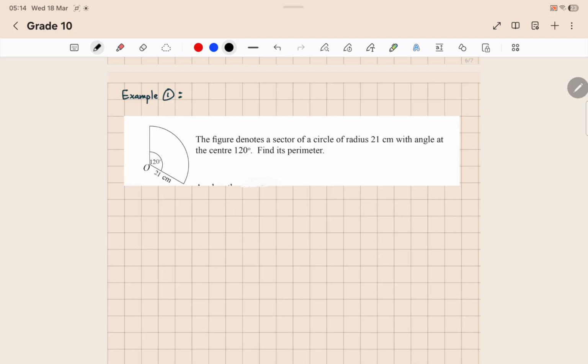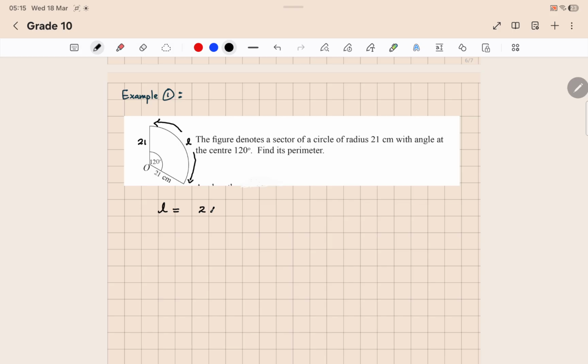Let's look at this example. We want to find the perimeter of this figure. So the radius is 21, the angle at the center is 120. So we have to figure out this arc length. Let's find the arc length first.